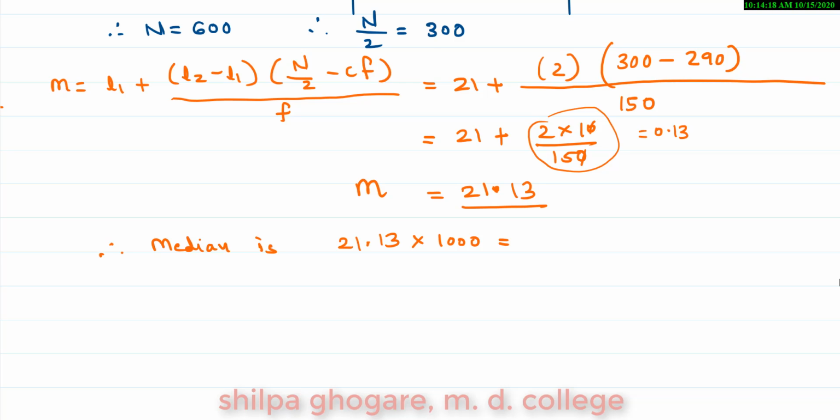There is no need of using the calculator. When you multiply by any number like 10, 100 or 1000, how many zeros are there? There are 3 zeros. So the decimal point will be shifted 3 places to the right hand side. Like this. 1 place, 2 places and 1 more place. So the answer would be 21130 rupees. This is my answer.